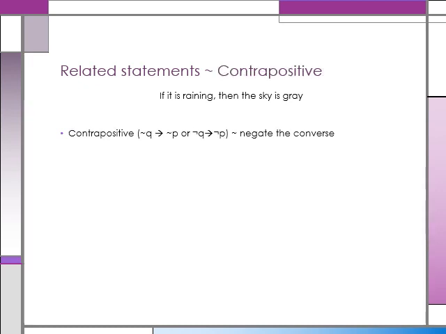The contrapositive: what we do for the contrapositive is we negate the converse. So we switch the hypothesis and the conclusion, and we negate them. So if the sky is not gray, then it is not raining.